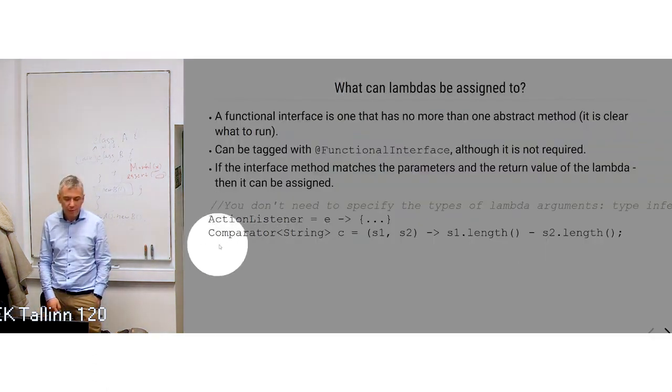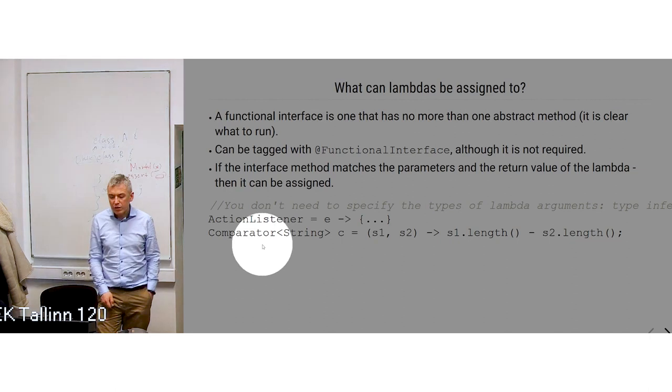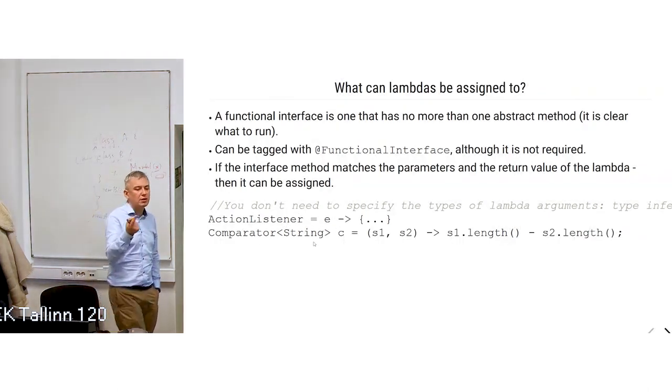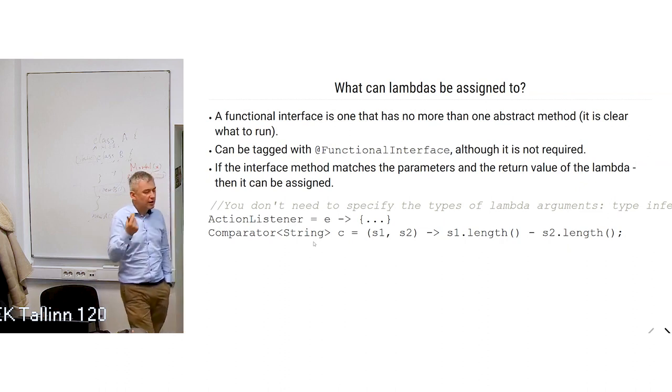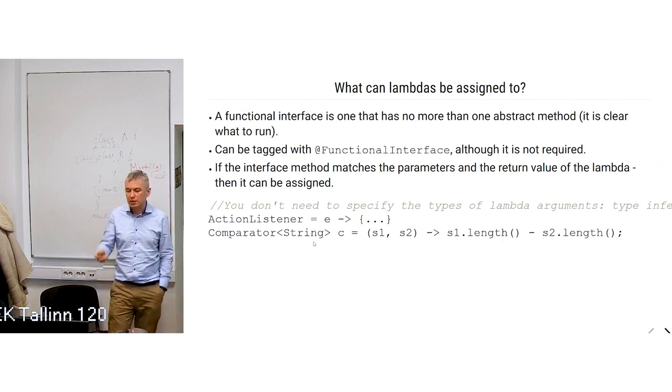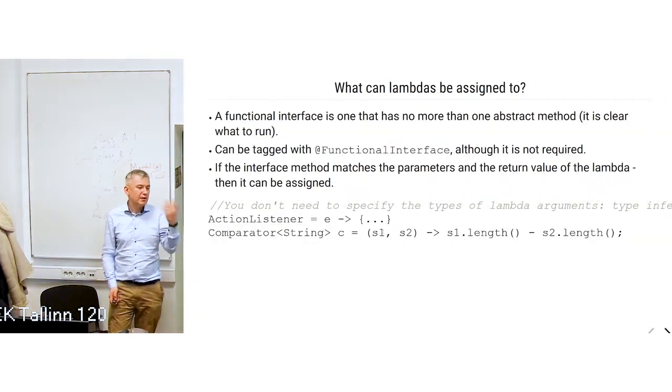If we have Comparator<String>, what does the compiler do? It asks, which is the one and only abstract method of Comparator? Okay, this one. Which values does it expect? Two strings. Okay, we have two values here. If it were 3 or only 1, then it fails to compile.